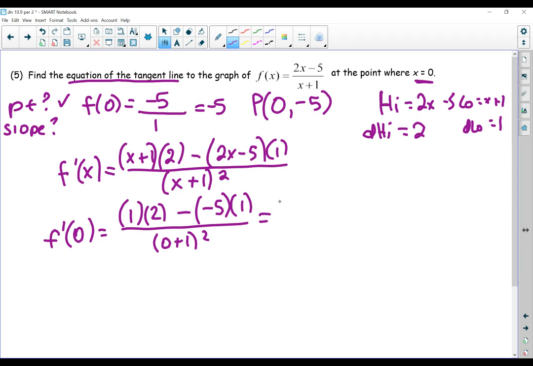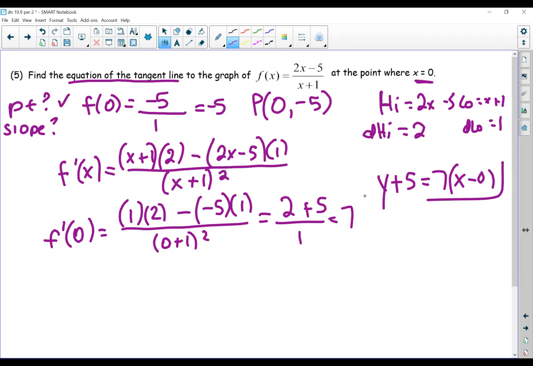Okay, and that gives me 2 plus 5 over 1, which is a slope of 7. So now I have y plus 5 equals 7x minus 0, or you could say 7x minus 5 in slope-intercept form.